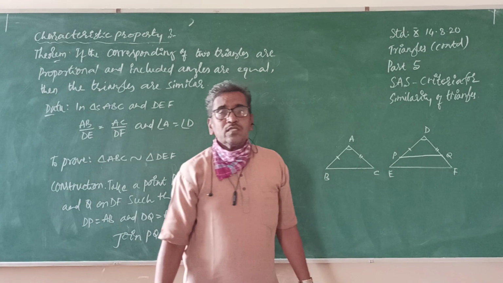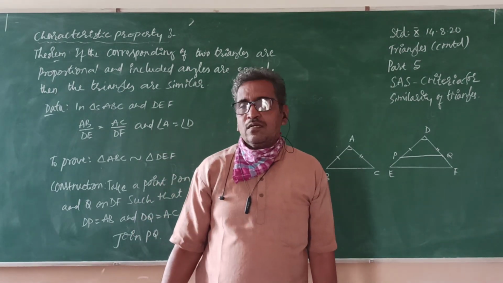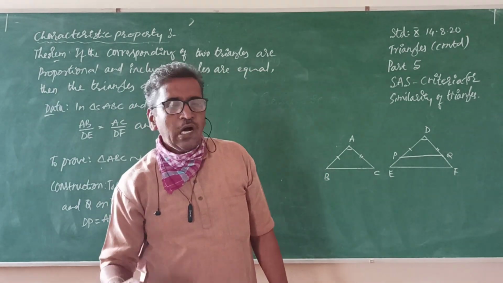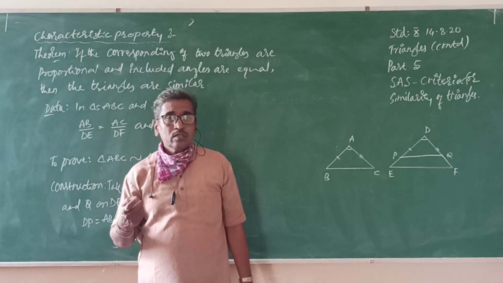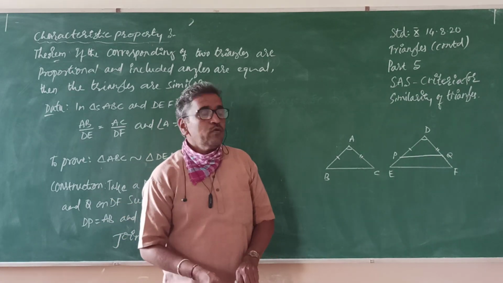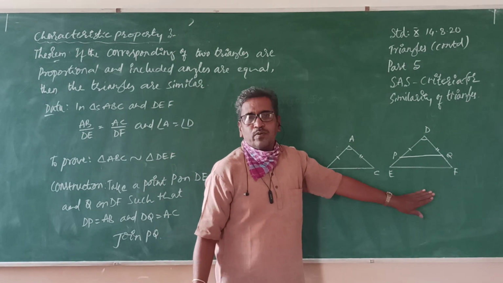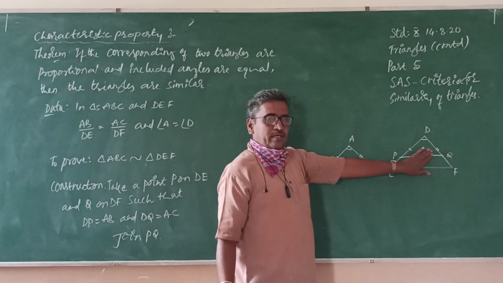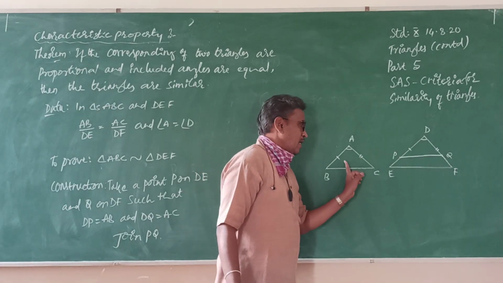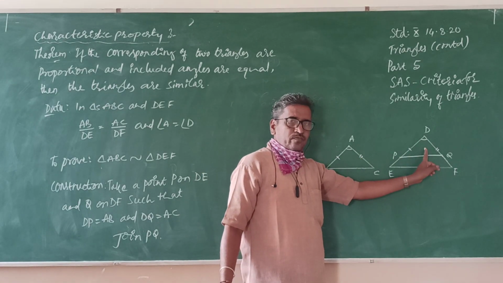So what is the purpose of having the construction? Because with what you have already proved, what you know, with the help of that we are going to prove. That is the purpose of the construction. Now, when you have constructed this, what can you say about triangles ABC and DPQ?